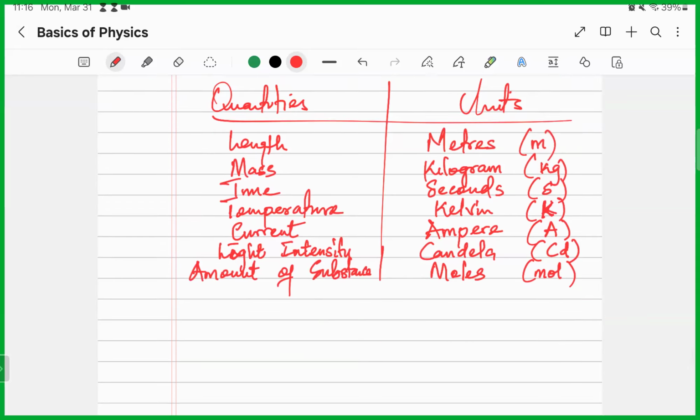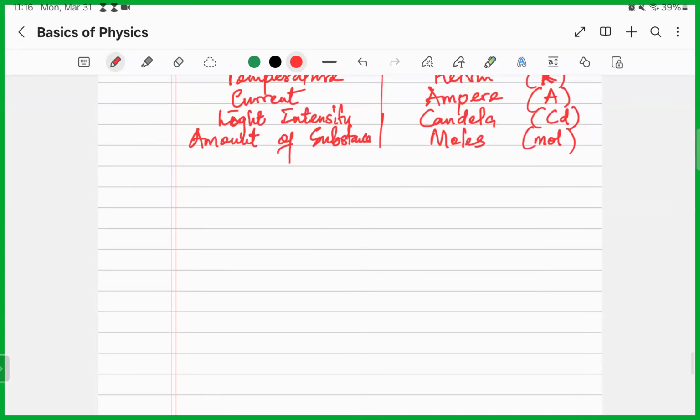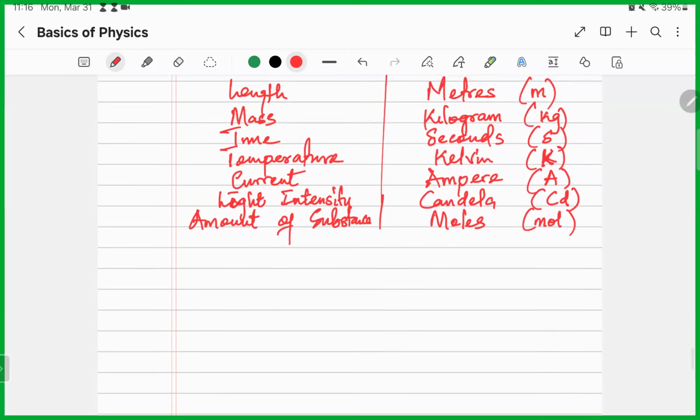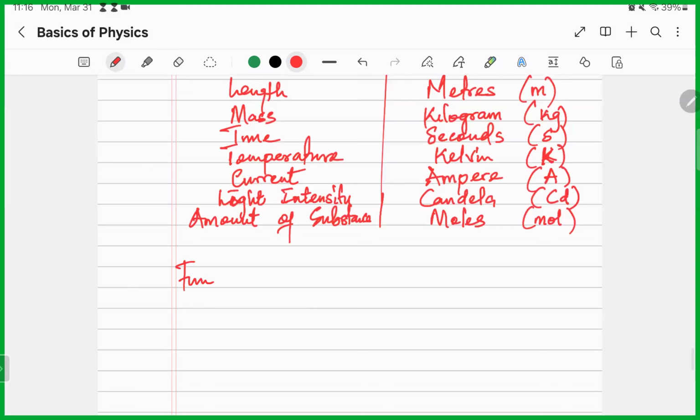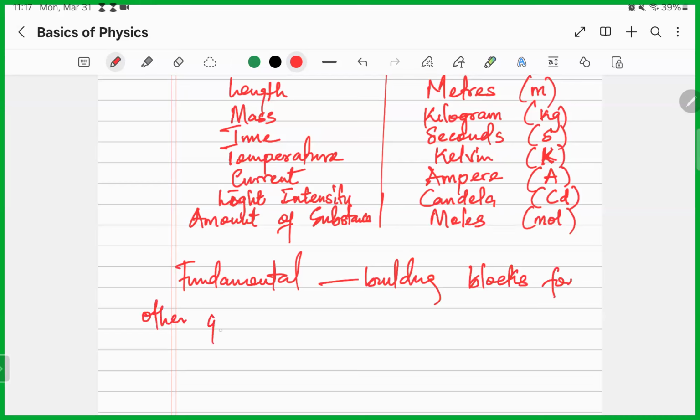Okay. So these are the ones I'll establish as the fundamental quantities. I would define them as building blocks for other quantities in physics.